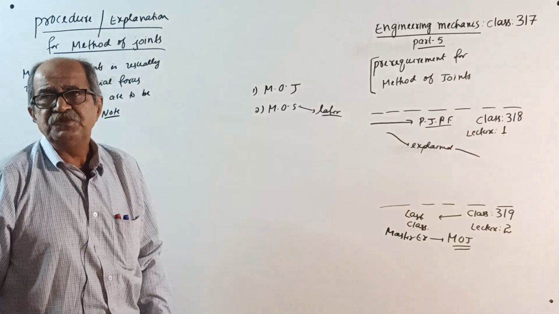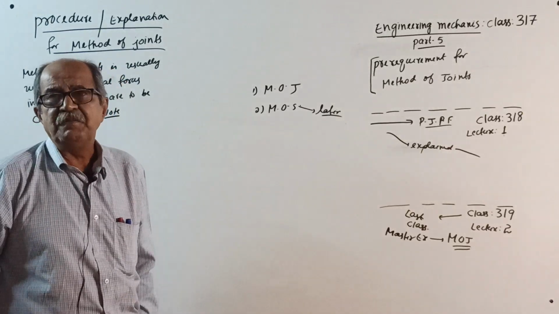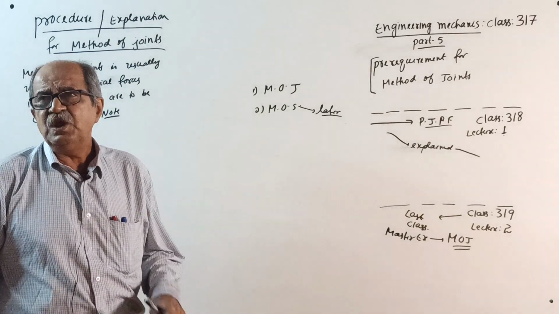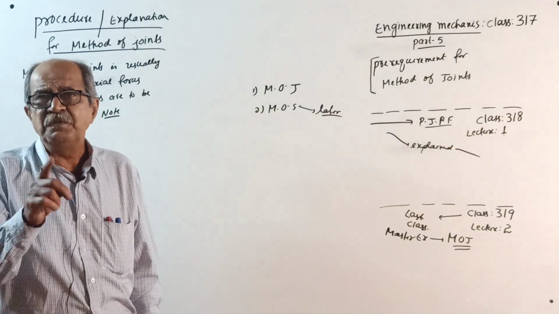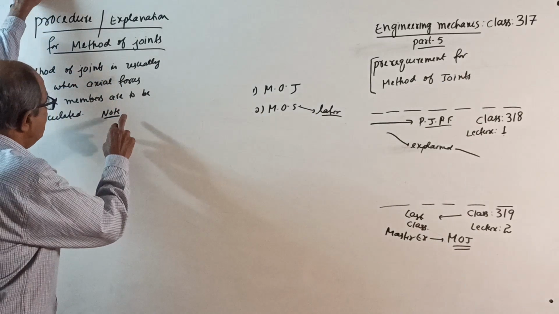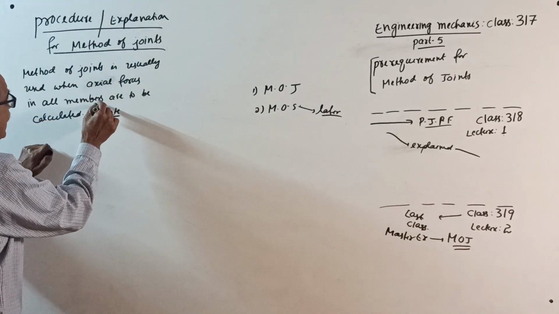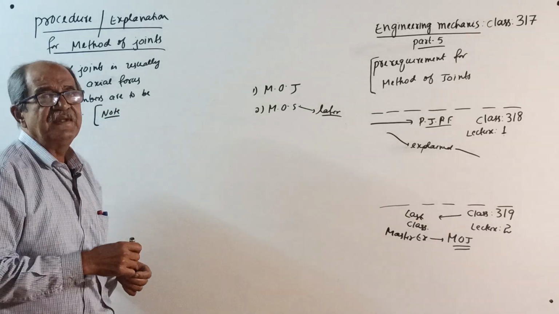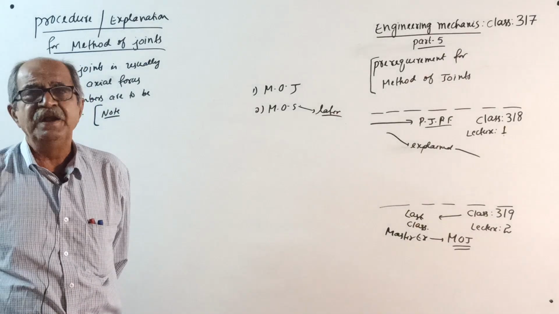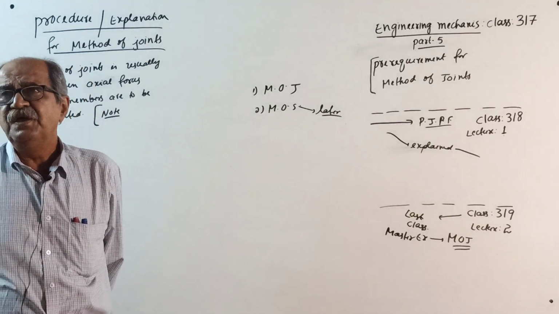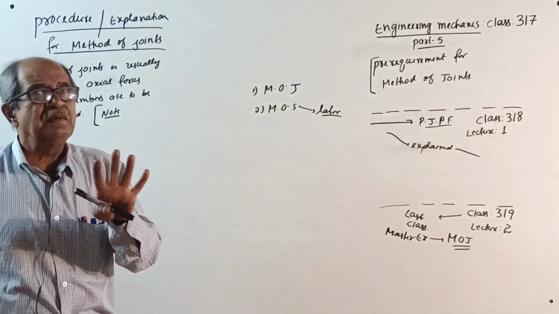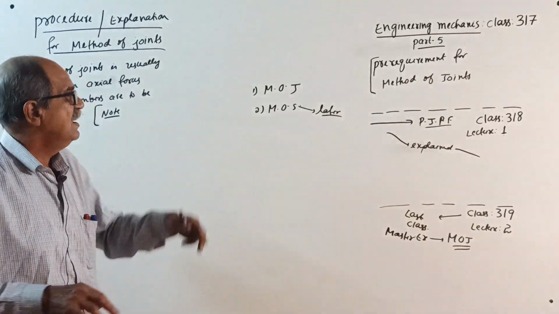After finishing method of joints, we will go to method of sections. Remember, method of sections is very ideal when you require forces only in some particular members. I will tell later, not right now. You can add it here as a small note in brackets. Later, the other method, method of sections, is very useful, or it is employed, when axial forces in some selected members are required.